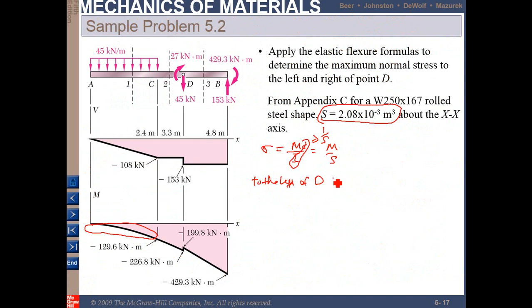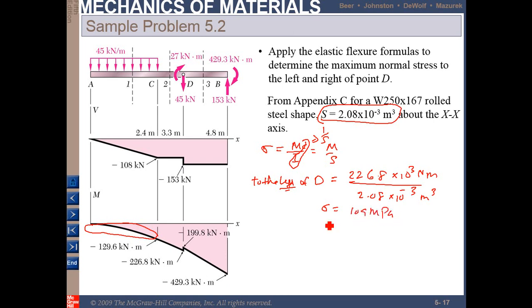So it is equal to 226.8 times 10 to the power of 3 Newton meter over S, which is 2.08 times 10 to the power of minus 3 meter cubed.